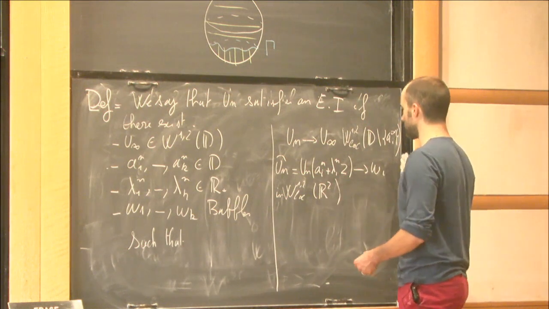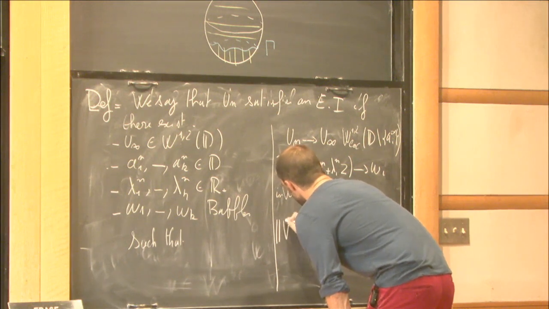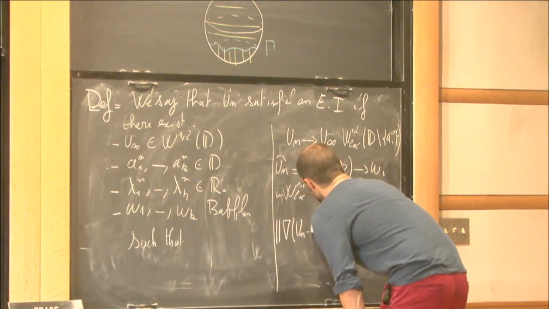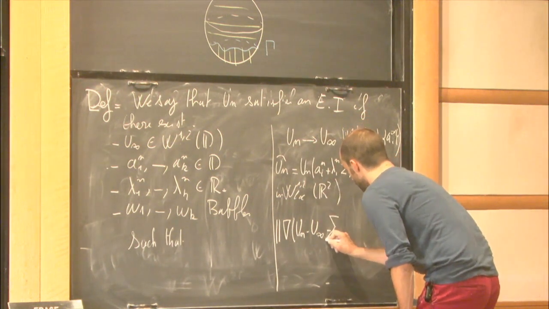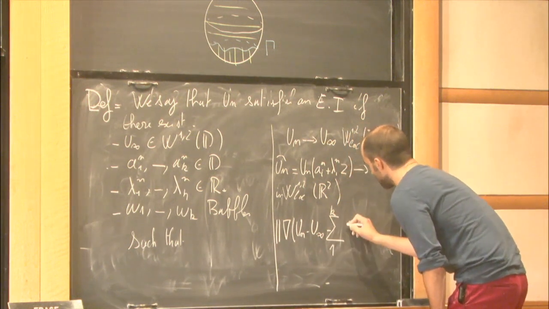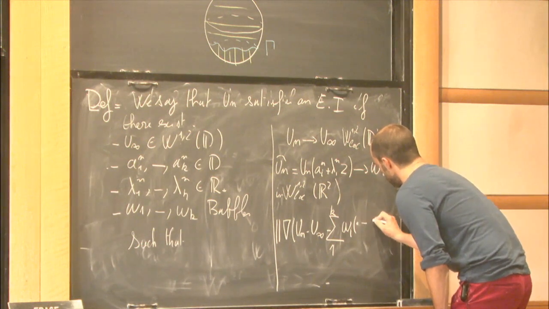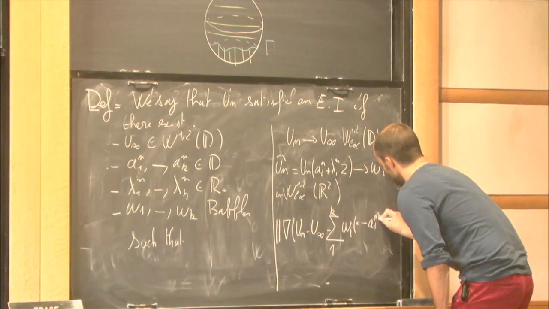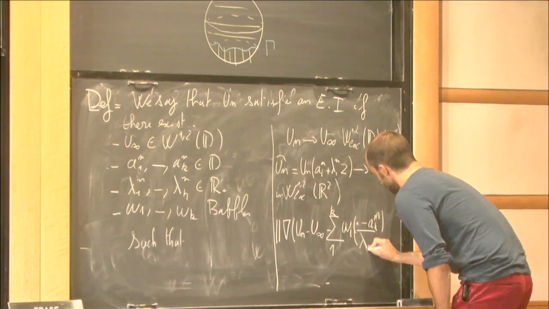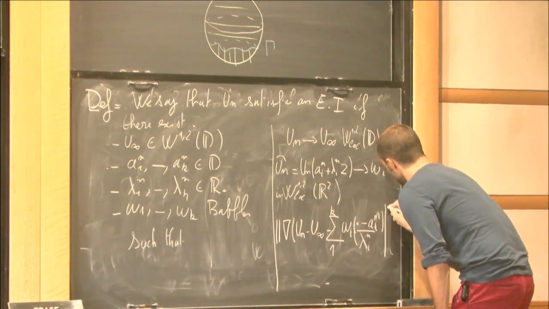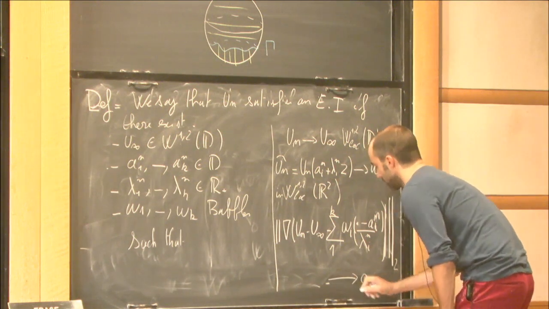And there is no energy loss, that is to say, if you subtract from u_n the limit solution minus the sum of bubbles correctly rescaled, then the energy goes to 0.